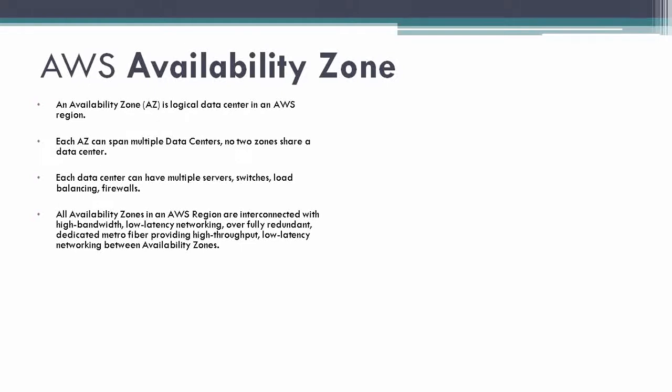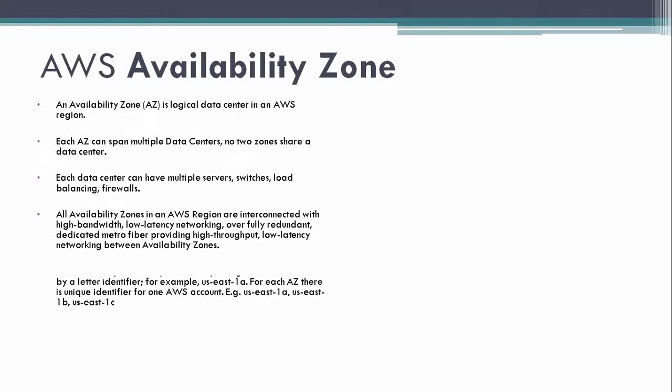So each availability zone is interconnected with the others with high bandwidth, fully redundant, dedicated metro fiber optic cable.